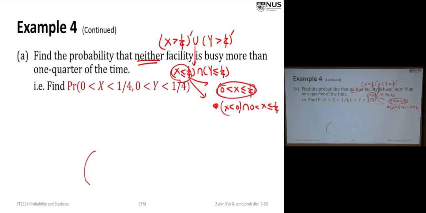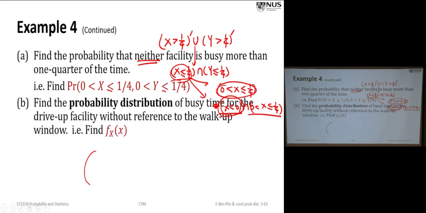All right, two events, so they're mutually exclusive. Therefore, the probability of this is equal to the probability of this plus the probability of this. But the probability of x less than 0 is equal to 0. There's no density there, so you cannot get any probability. So I can write it like that. If you want, you can put back the equal sign here, but it will not make any difference when we try to compute.